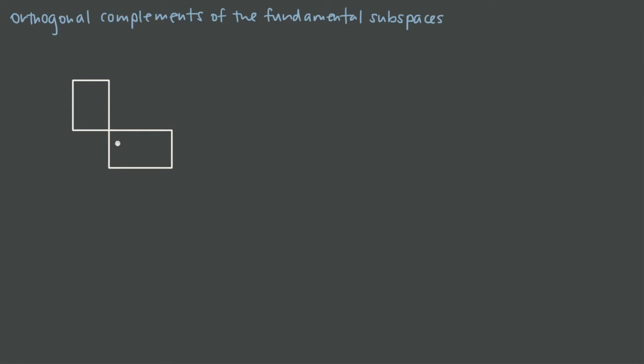They have this 90-degree angle relationship between them. So we'll often illustrate the spaces this way. If we say this rectangle up here is the row space, and this is the null space, these two have an orthogonal relationship to one another.